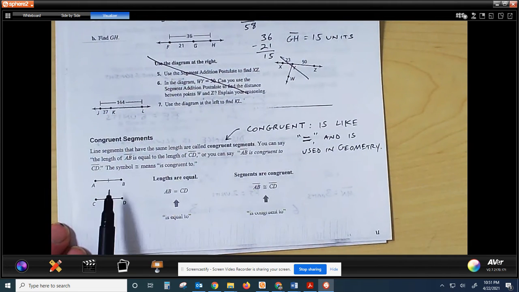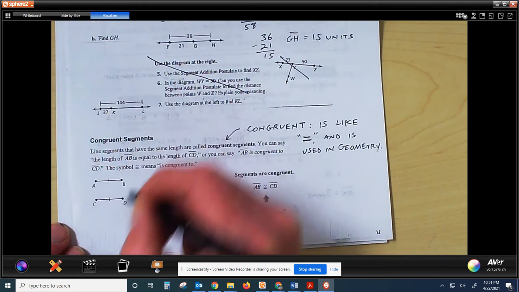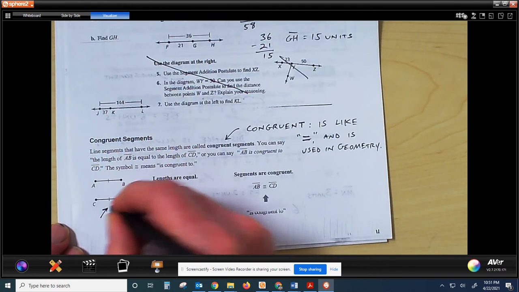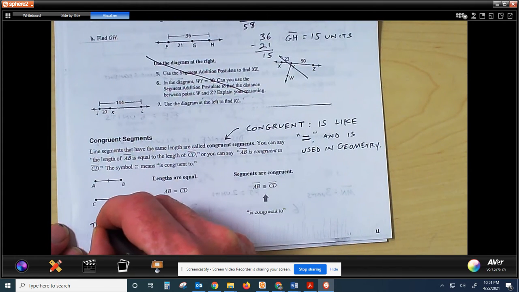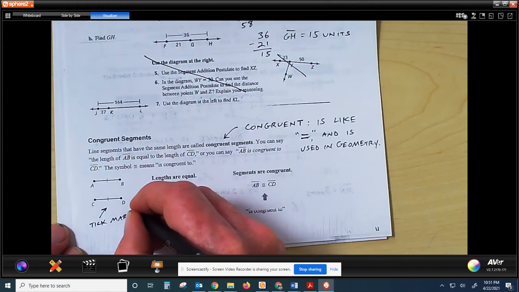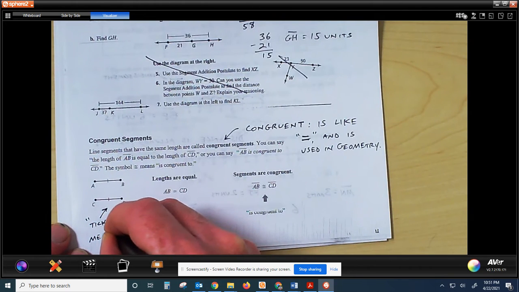Here are a couple shown to you, and I know they're congruent in this picture because they're given this tick mark in the middle. The tick mark, that's what most teachers call it. Like you just reached up there with your pencil or your pen. It means congruent.